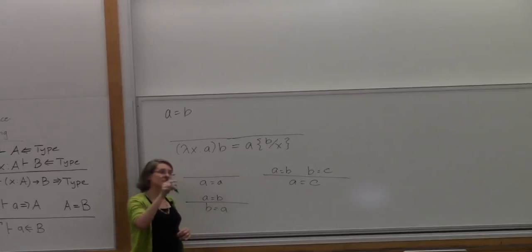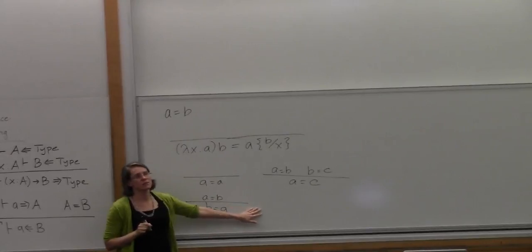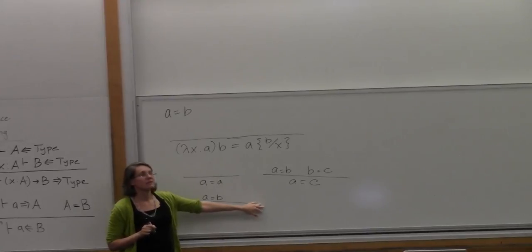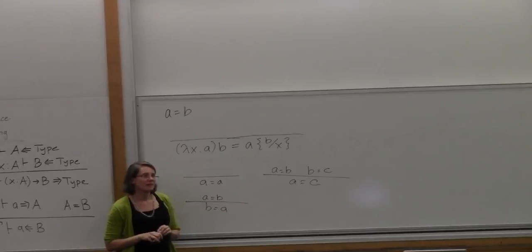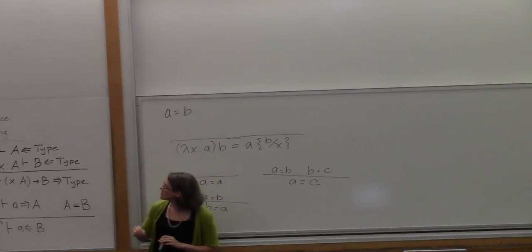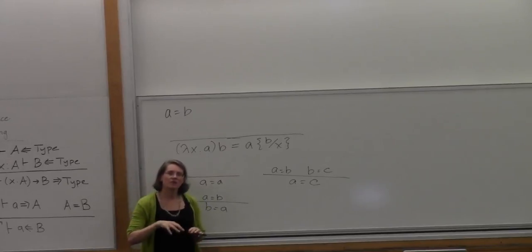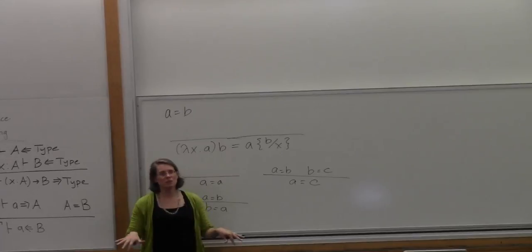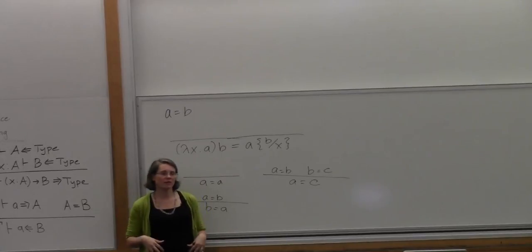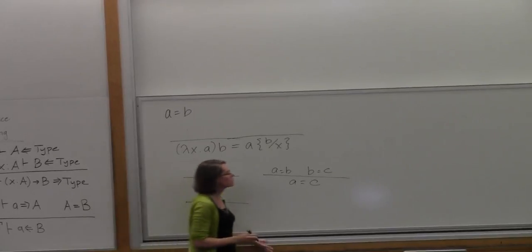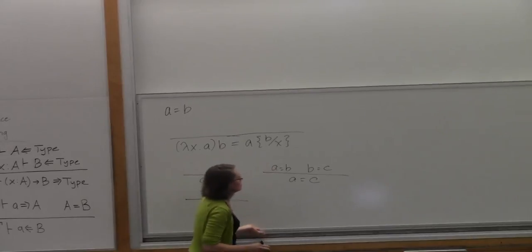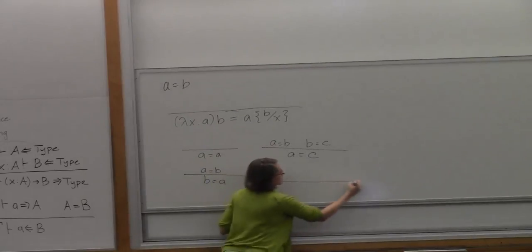And then what else did you say for a congruence? What else do we need to actually take this equivalence relation and make it a congruence? We need to look at our different forms of syntax, and to make this a congruence, that just says if the subcomponents are equal, then the entire thing should be equal. So the congruence rule for lambda looks something like this.